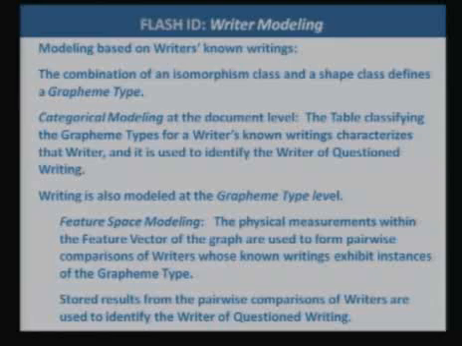We use those measurements, a very high dimensional set of measurements, in order to tell apart writers whose known writings exhibit instances of that same grapheme type by pairwise comparisons of writers at that level. And then the information that we grasp from those pairwise comparisons is stored in a database for later analysis when we assess the writership of question writing relative to the database of interest that we modeled.